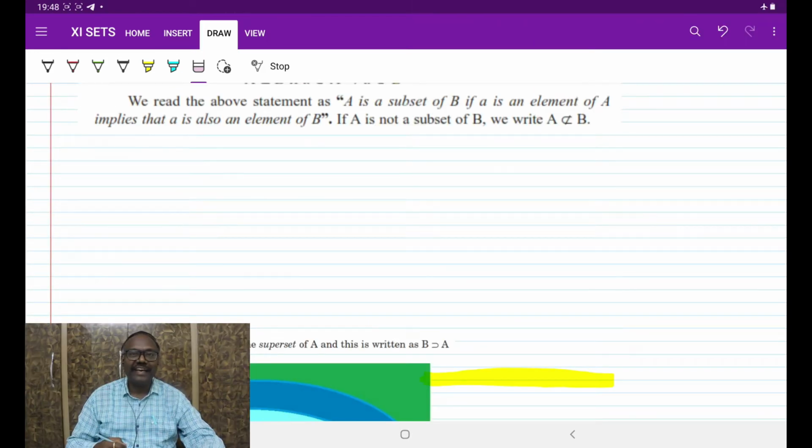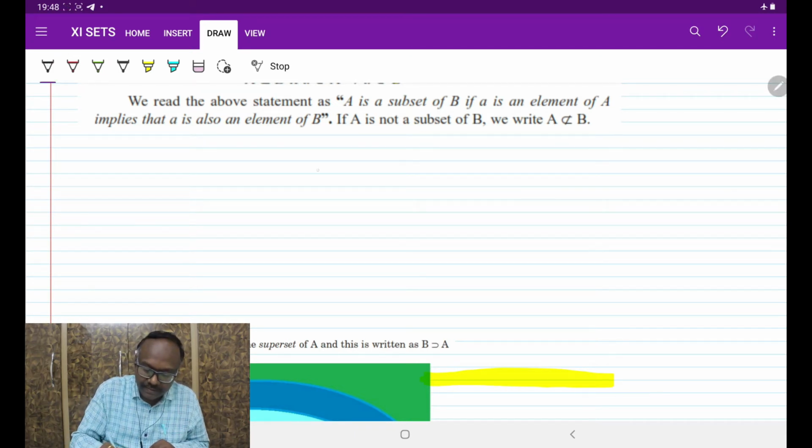What if A is not a subset of B? How do we know that A is not a subset of B? So, if you want to say that A is not a subset of B, we use the symbol subset with a slash, and that is called not a subset.